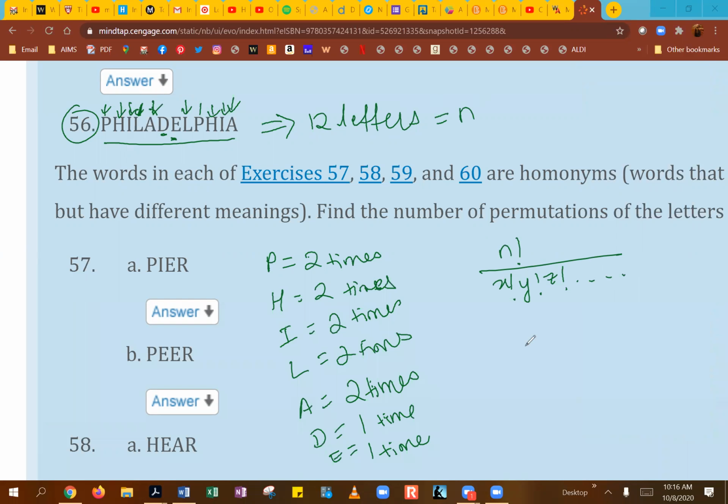So you will be doing 12 factorial on the top and then dividing it by 2 factorial for each one of these 5 letters. And if you wanted to, you don't have to, you can also add the 1 factorial for the D and the E. So how many permutations will this end up giving us?